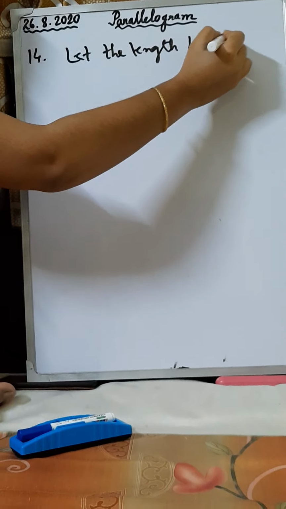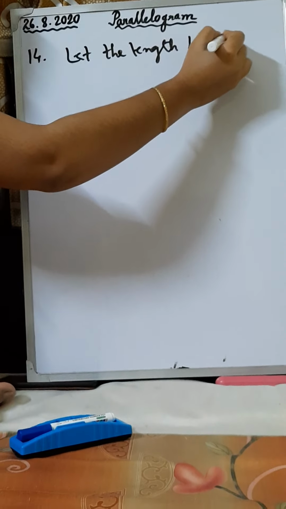Now see, the perimeter is given 160. That means you know the formula, length plus breadth equals half the perimeter according to the problem, right?